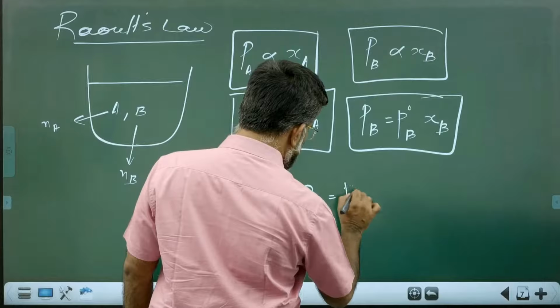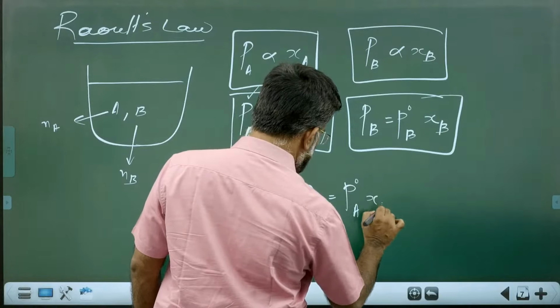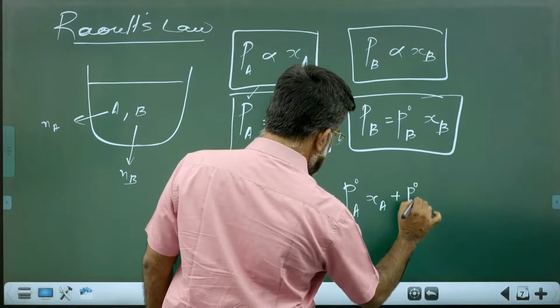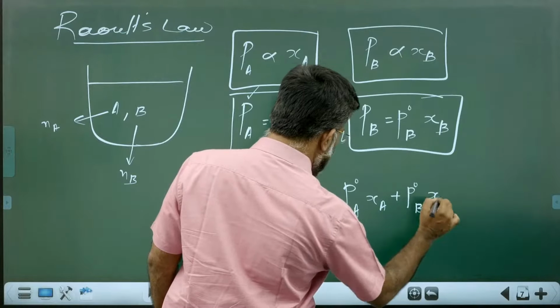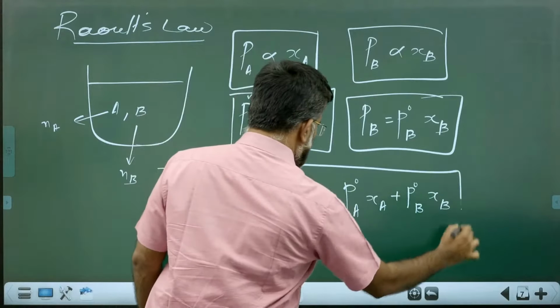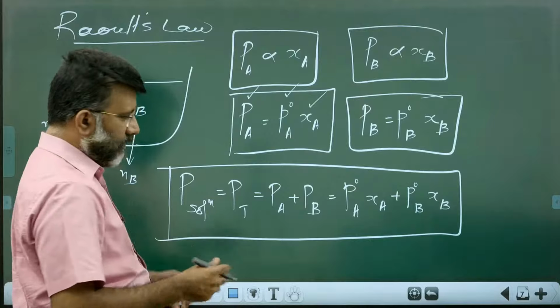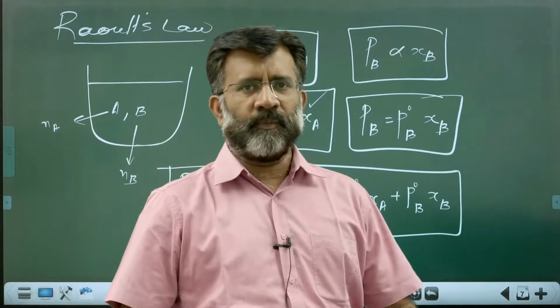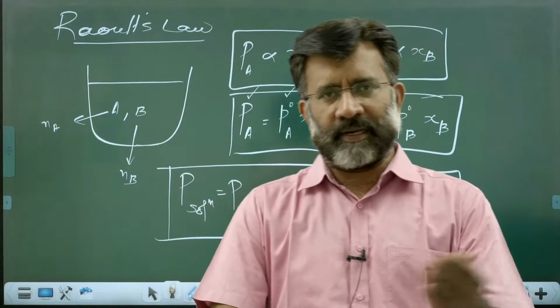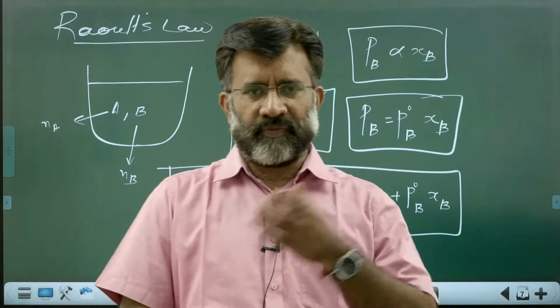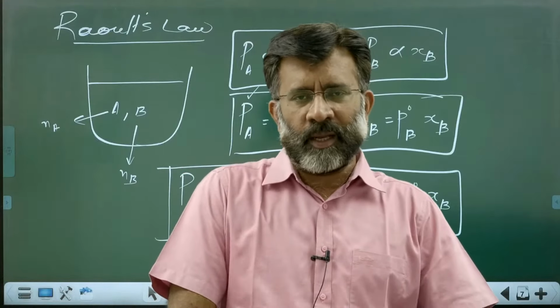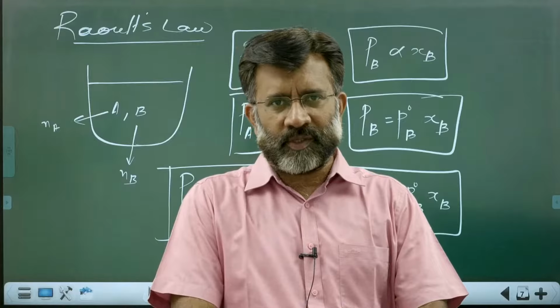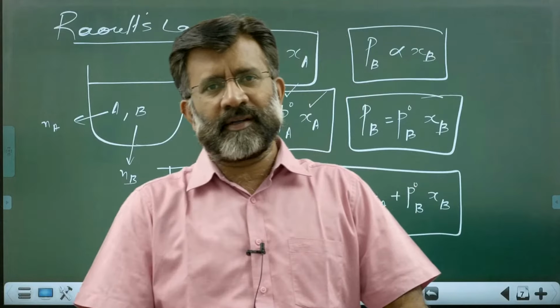That is equal to P naught A Xa plus P naught B Xb. And you can manipulate the formula in different ways. As all of you know, Xa can be written as 1 minus Xb. So different manipulations are possible, and based on those you can expect questions also. This is Raoult's law.